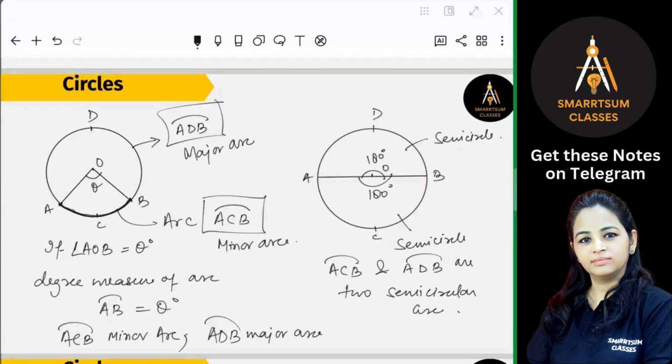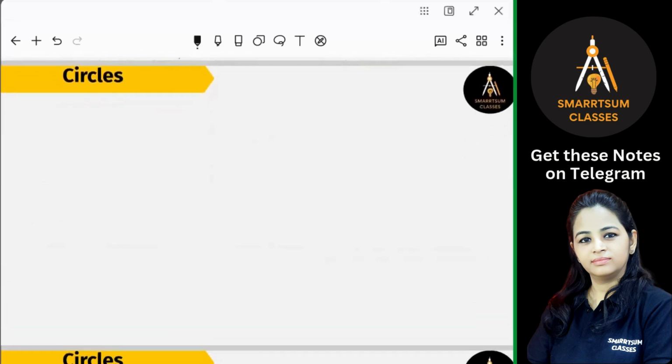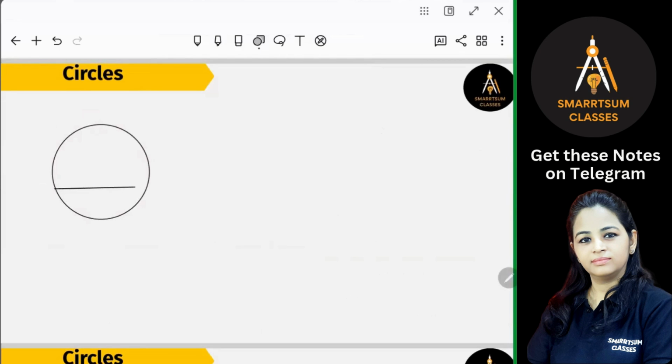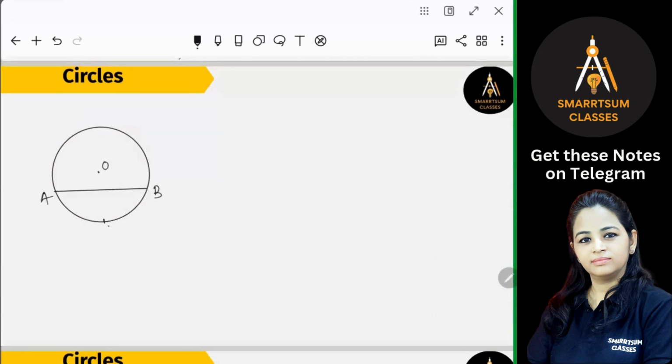Now we can also have different segments of a circle. Suppose we have a circle with center O, and we draw a chord joining two points on the circle. Here ACB is an arc and AB is the chord.